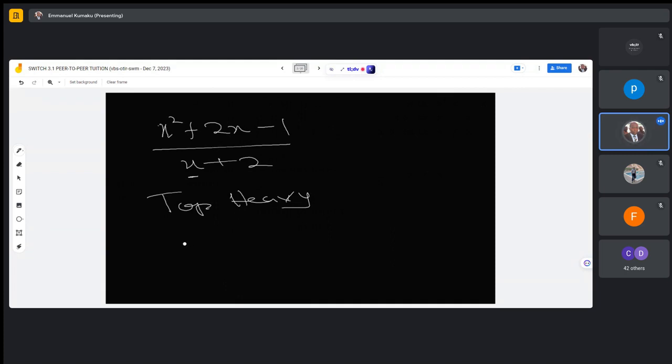When it happens like that, you ask yourself how many difference. When the difference is just 1, then we are going to have the third scenario, whereby we don't have horizontal asymptote. No horizontal asymptote. When the degree of the top is bigger than the degree of the bottom, there is no horizontal asymptote. But when the difference is just 1, then we have what we call slant asymptote.